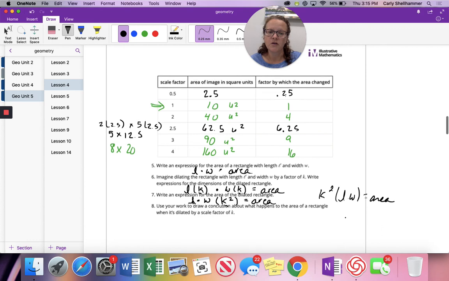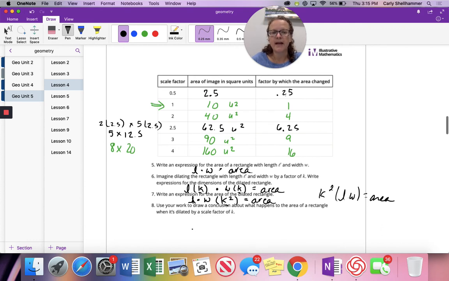Use your work to draw a conclusion about what happens to the area of the rectangle when it's dilated by a scale factor of K. The area changes by K squared, right? If we take this original area with our scale factor of 1 and we multiply it, 2 squared equals 4.